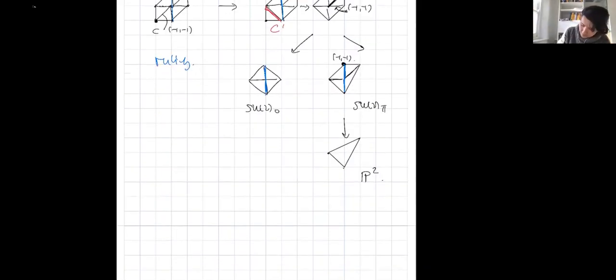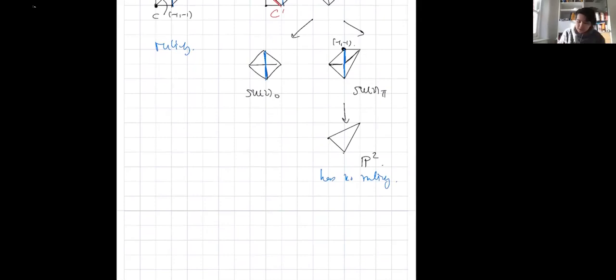This does not have a ruling. So there's no way you can take a P2 and write it as a fibration of a P1 over another curve. But you can still collapse the P2.